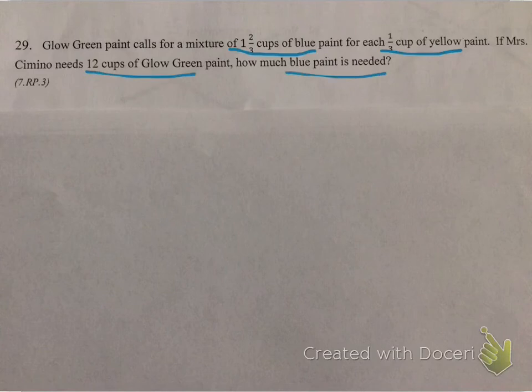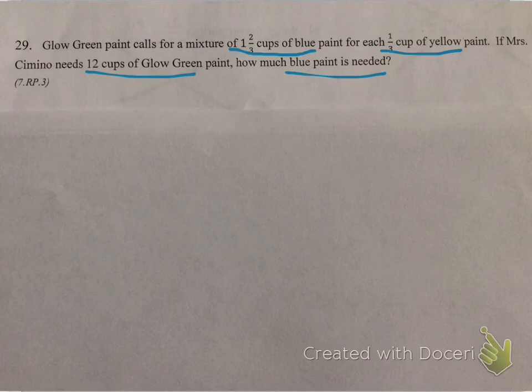Okay, so this is similar to the boy-girl question that we did on number 17. You had boys, you had girls, and you had total students. Here we have blue, and we have yellow, and then we have blue and yellow mixed together, total.